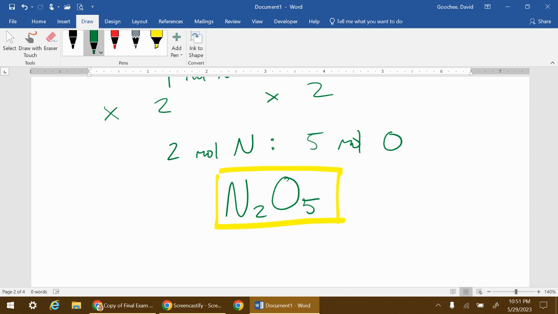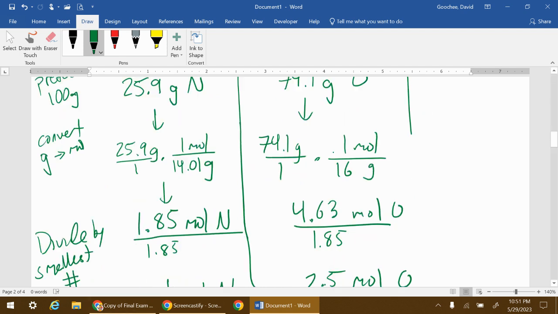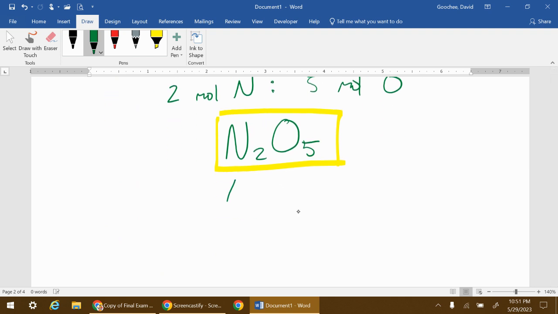Now, empirical formula means this isn't necessarily the real formula. It's just the smallest ratio formula. So this substance that is, going back to the top here, 25.9% nitrogen and 74.1% oxygen, that could be N2O5. That could also be N4O10. That would have the same percentage breakdown.